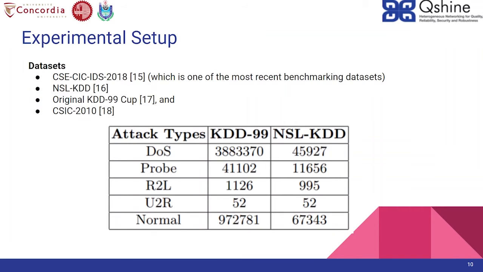In all these datasets, we worked with different types of attacks. We worked with DoS attacks, probe attacks, R2L attacks, and U2R attacks, and this table shows the statistics of KDD99 and NSL KDD datasets.